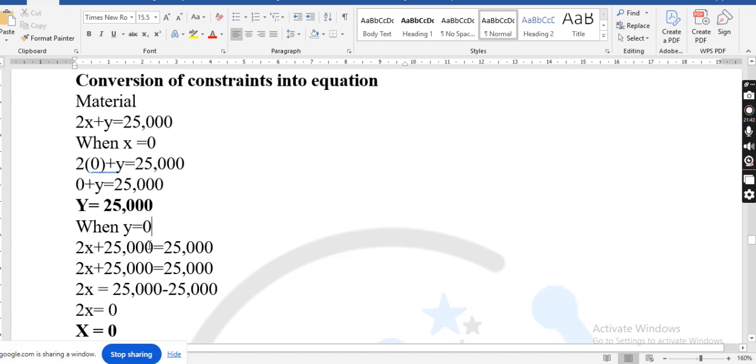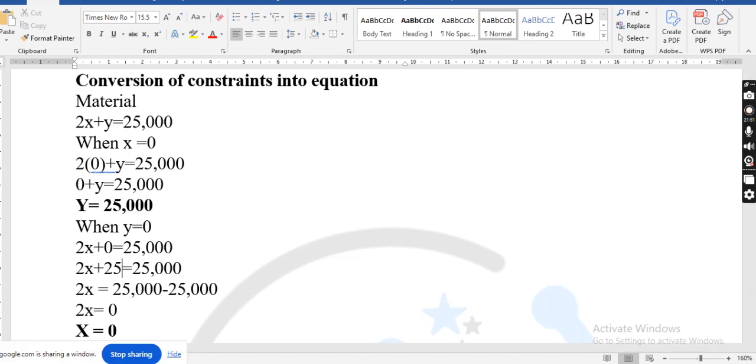So this should be 0, and this should be 0. Then we can now have 25 plus 0, which is 25. So 25, what do we have here? That will be 12,500.